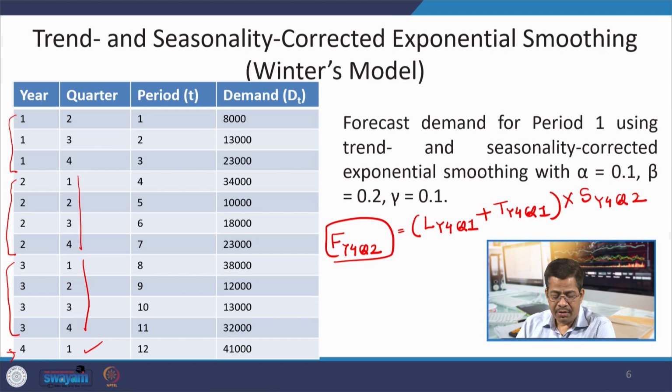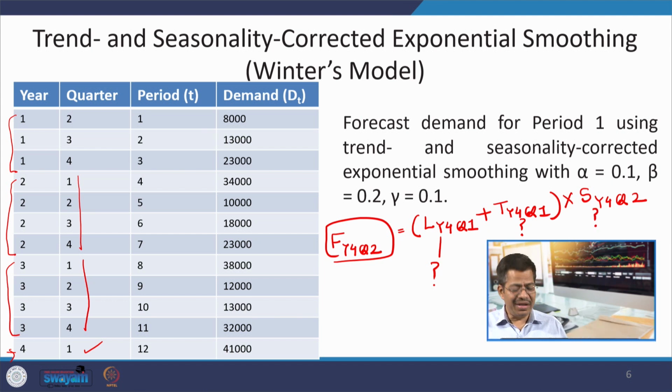This is the forecast for year 4 quarter 2. So, my duty now is to calculate all these three terms: level, trend and seasonal factor.